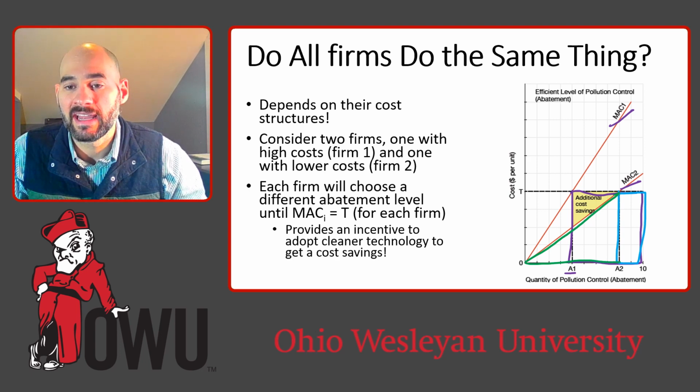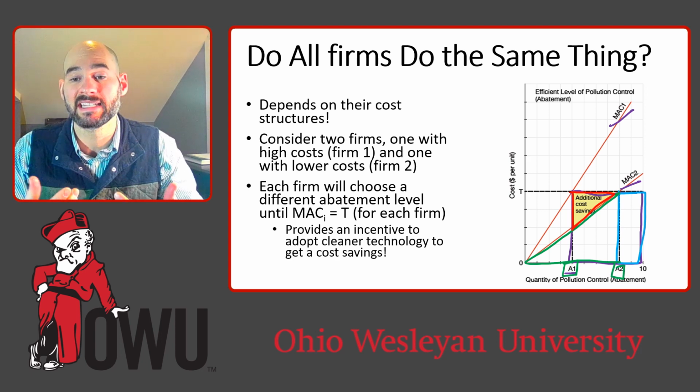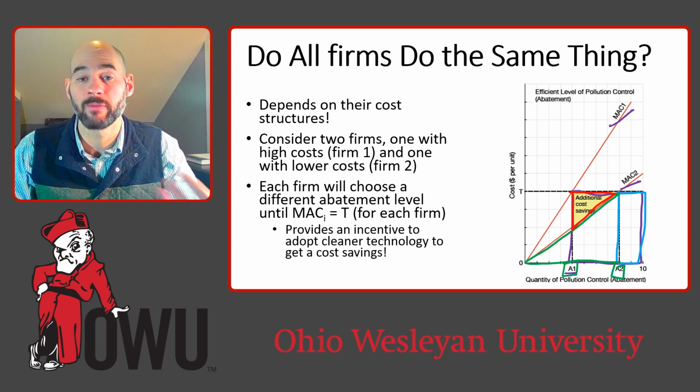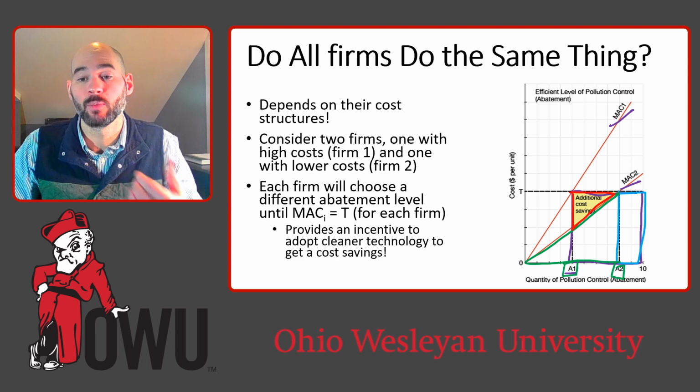However, by not abating the same number of units as firm 1, by not abating A1 units, instead by abating A2 units, they're going to have this additional savings which firm 1 is paying in taxes, and firm 2 can avoid paying that in taxes by abating more than firm 1 abates. And so there's going to be differences in the optimal level of abatement depending on the abatement cost curves for those firms.